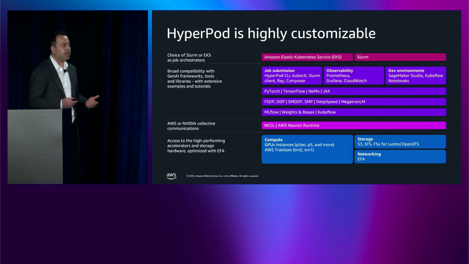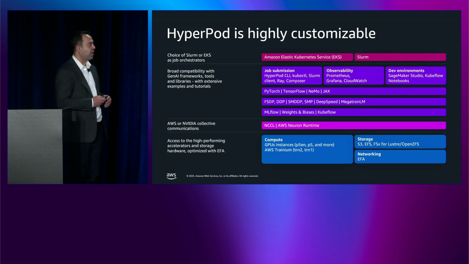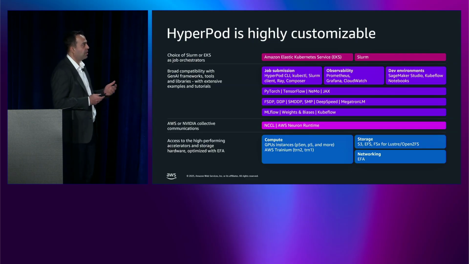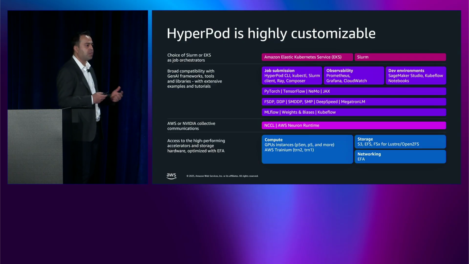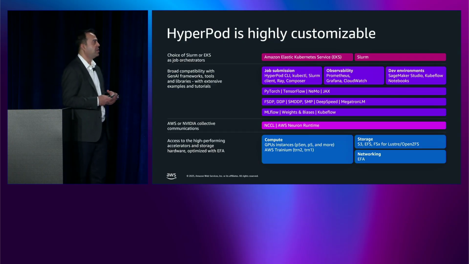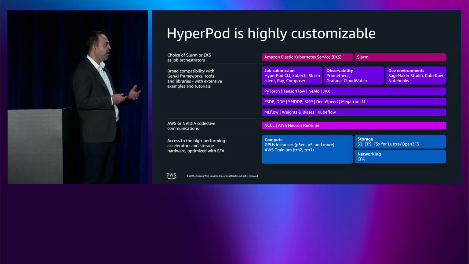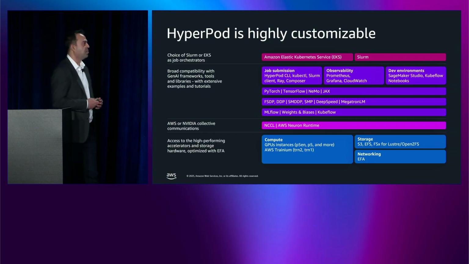It's also highly customizable. At the top layer, as I mentioned, it supports different orchestration options through Amazon EKS as well as Slurm. For job submission, you can use the Hyperpod CLI, or you could also directly use kubectl, Ray, the Slurm client, or Composer.